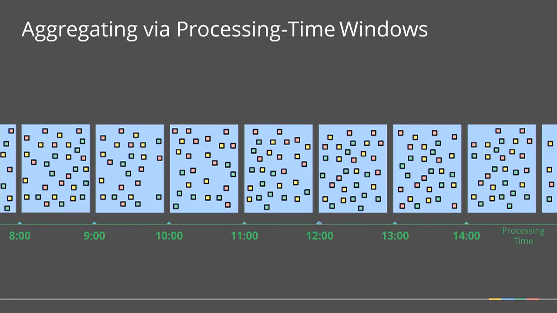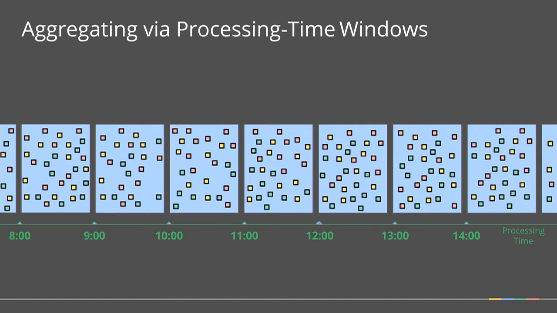So often we want to compute some aggregates. We want to see what happened in a certain amount of time: how many queries came, what type of queries, what was the most popular query, what was the total money generated or lost in a period of time. For that, we can do one thing, and that's processing time windows.